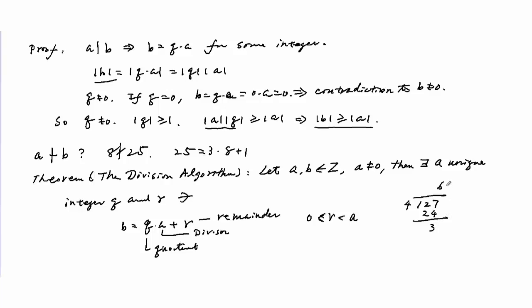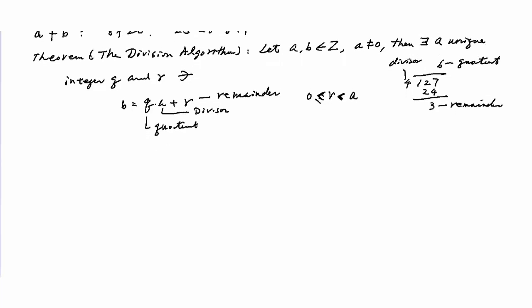So this is the quotient, and this is the divisor, and this is the remainder. So the remainder is greater than 0, less than A, okay? And it could be 0, then that means A divides B. So this is the division algorithm.